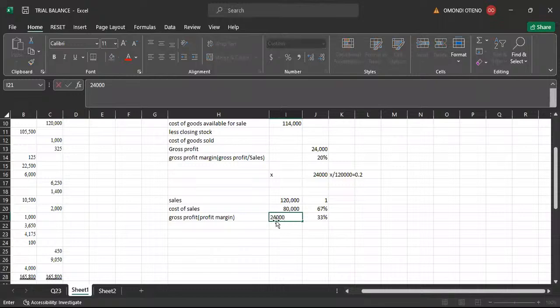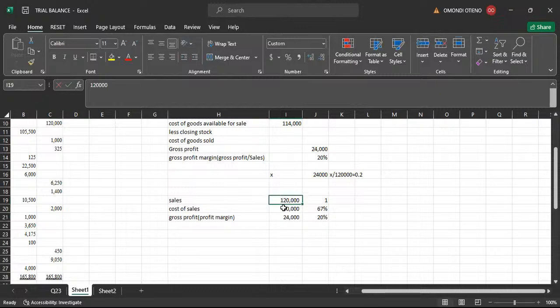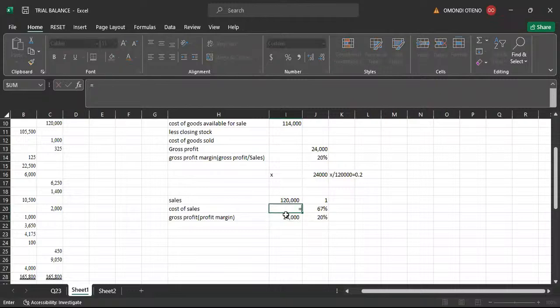And how was I arriving at 40? I was taking 120 minus 80. So what will I have here for me to get 24,000? I will take 120 now minus 24 to give me the real cost of sales, which is 120 minus the gross profit.